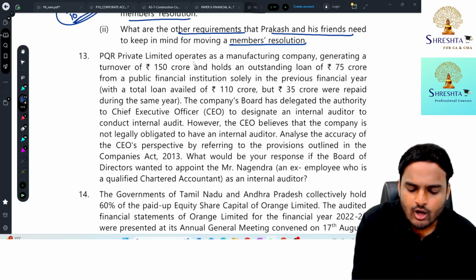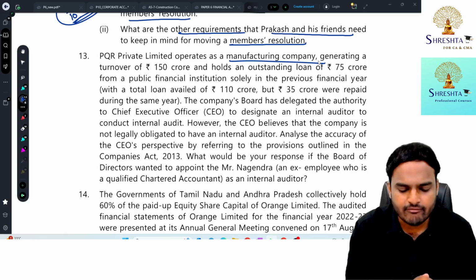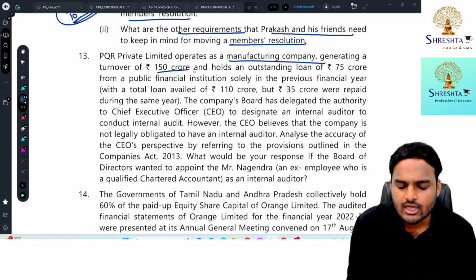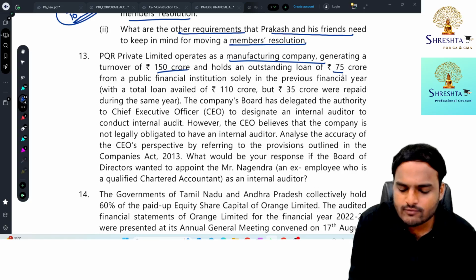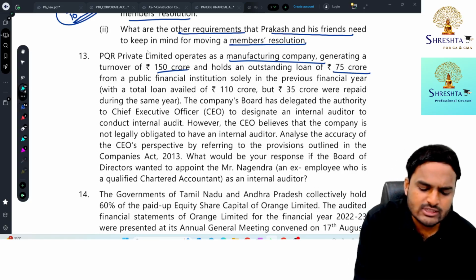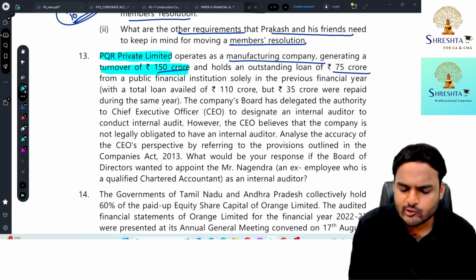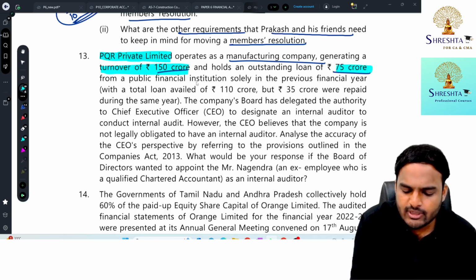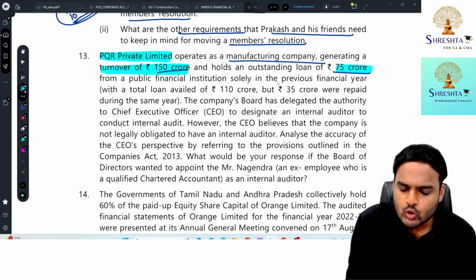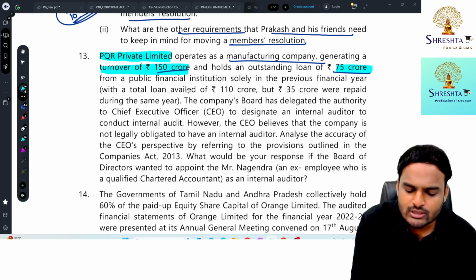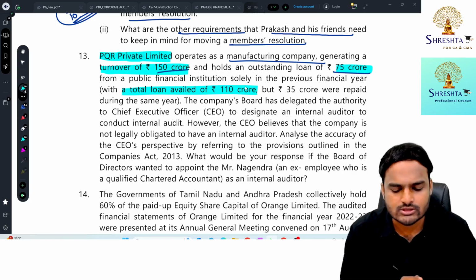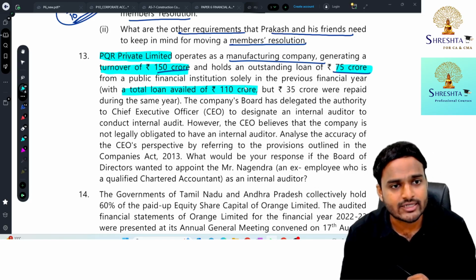Next one. PQR Limited operates as a manufacturing company generating a turnover of 150 crores and holds an outstanding loan of 75 crores. First of all, what is the nature of company? Private Limited. What is the turnover? 150 crores. And what is the outstanding loan? 75 crores from a public financial institution solely in the previous financial year with a total loan availed of 110 crores. What is the total loan availed? 110.